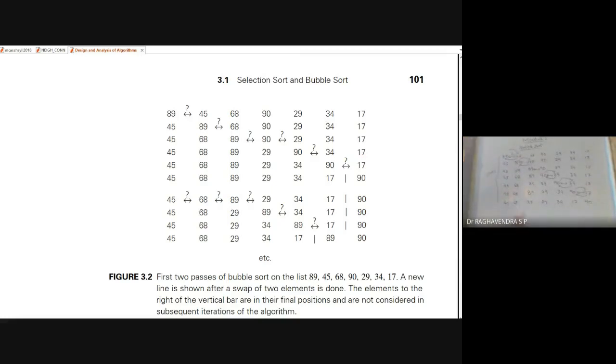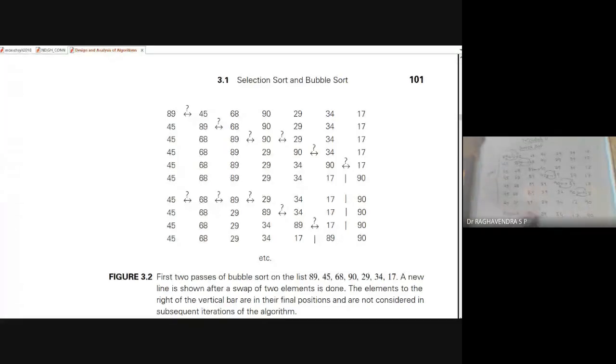Now in the next pass, what do we have to do? We have to perform the same thing on 45, 68, 89, 29, 34, 70, 90. Once again you apply the same adjacency comparison. 45 and 68 are already sorted.